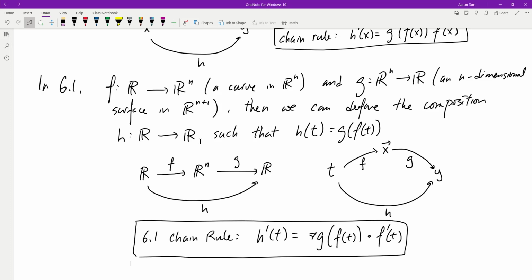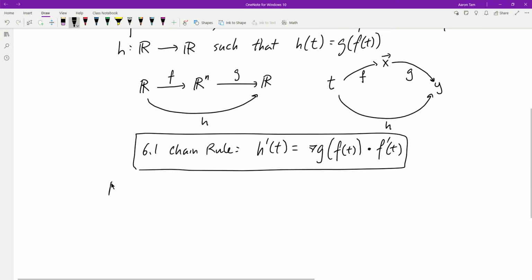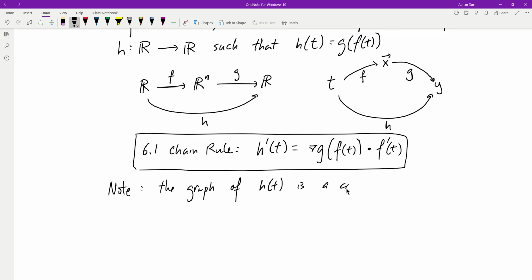And the reason why that is the case is the following. Important to note this: the graph of h of t is actually a curve in R^(n+1) on the surface of the function g.